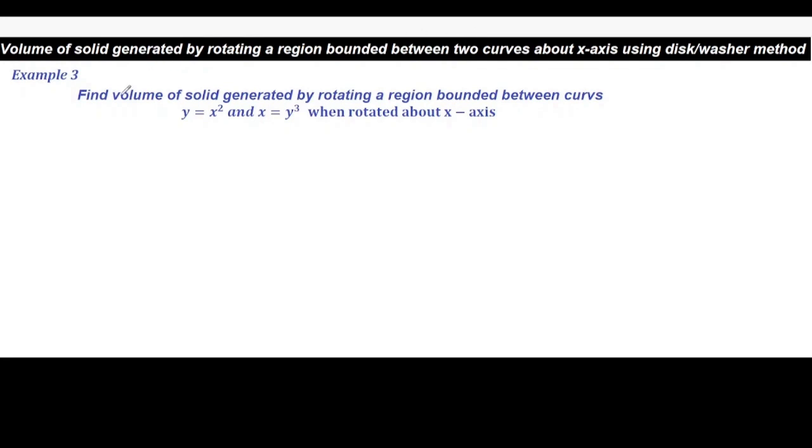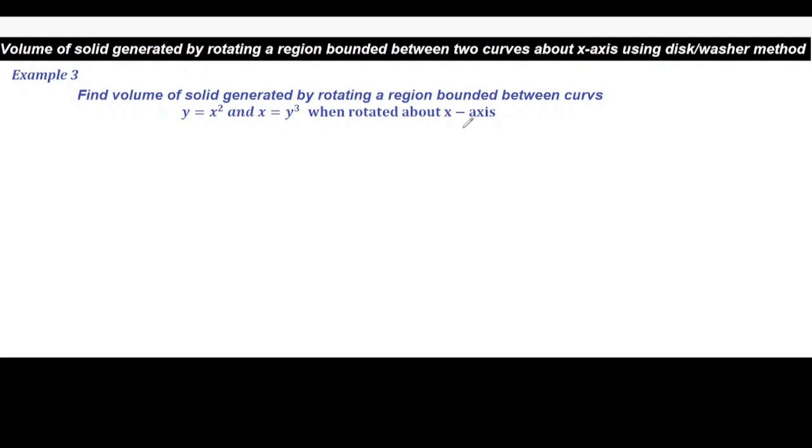Find the volume of the solid generated by rotating a region bounded between the curves y is equal to x square and x is equal to y cube, when the bounded region is rotated about the x-axis.